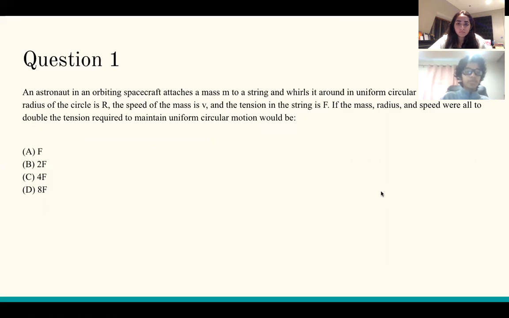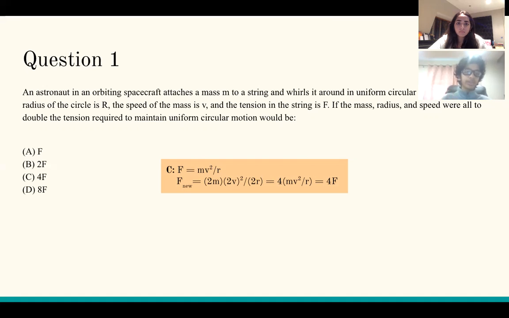So again, this problem is a really straightforward consequence of centripetal motion. So we know that the force of tension will be equal to mv squared over r because it's what's responsible for keeping the ball in uniform circular motion. In this case, we double the mass, we double the radius, and we double the speed. So all we have to do is multiply each term by 2.